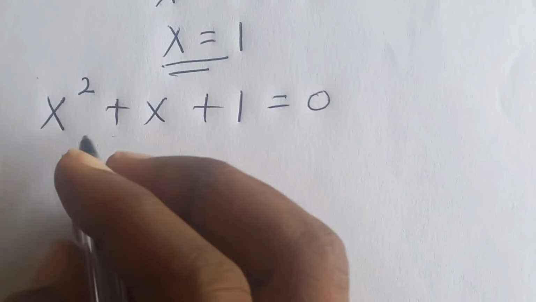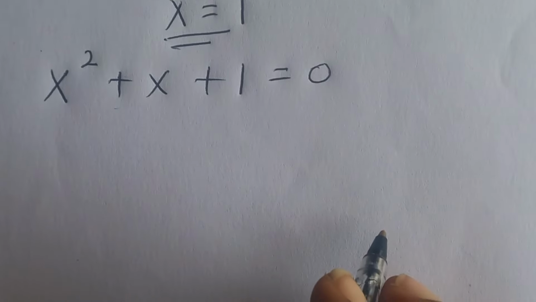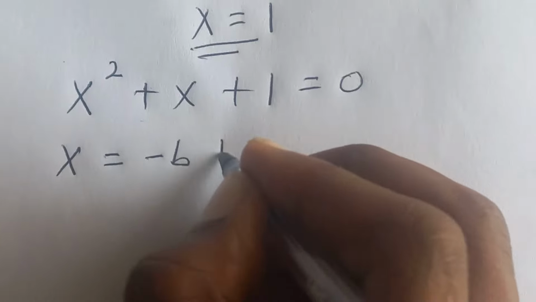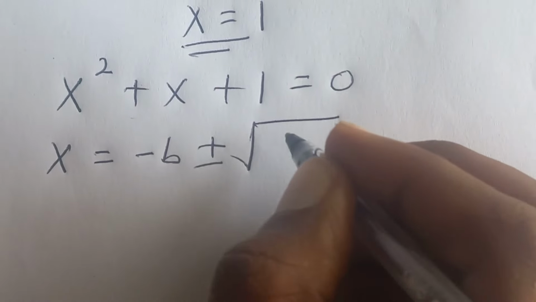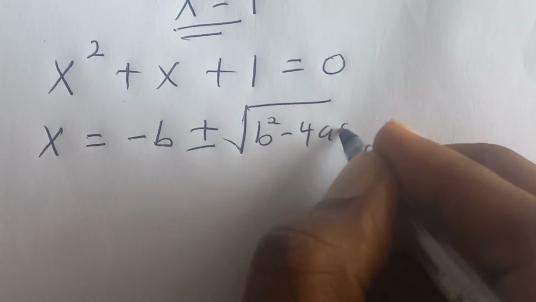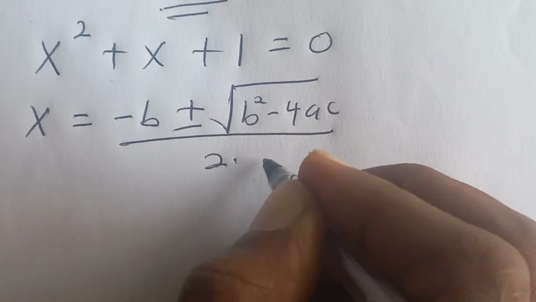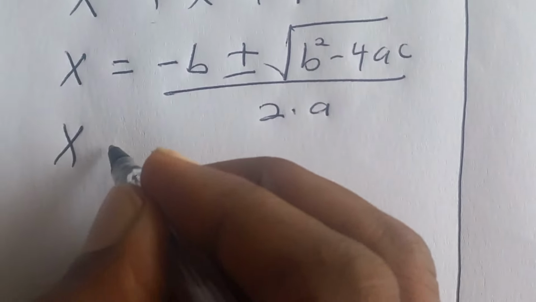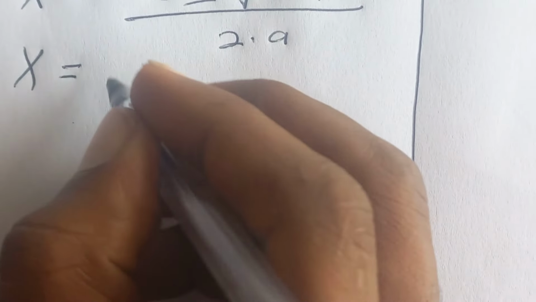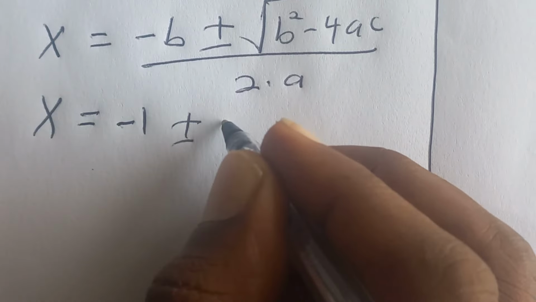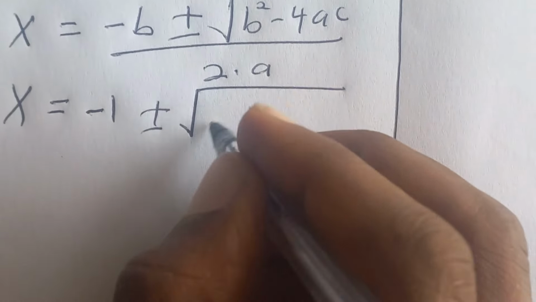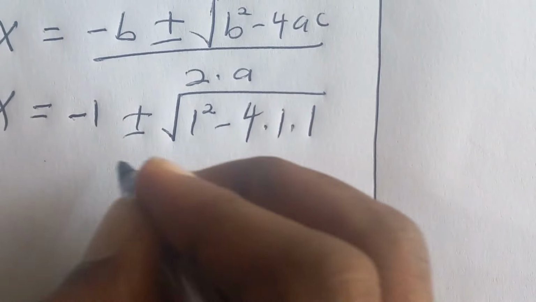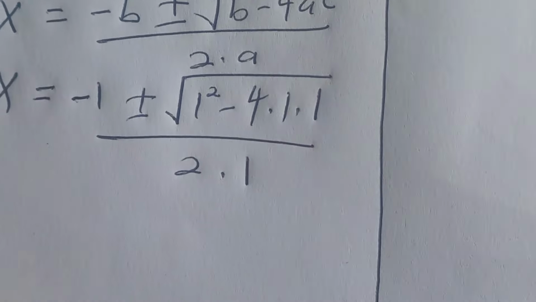Okay, so let's use the quadratic formula to solve this, which is x is equal to negative b plus or minus square root of b squared minus 4ac, all over 2a. So with this, our b is 1: x is equal to negative 1 plus or minus square root of 1 squared minus 4 multiplied by 1 multiplied by 1, all over 2 multiplied by 1.